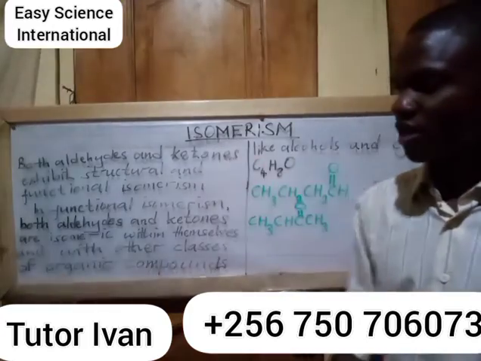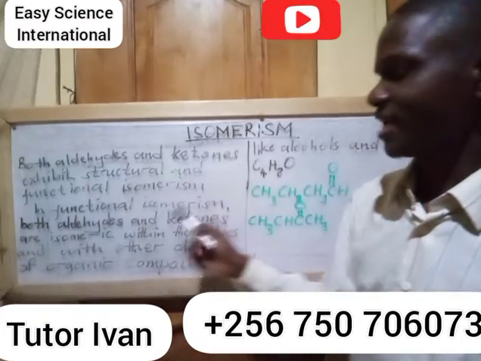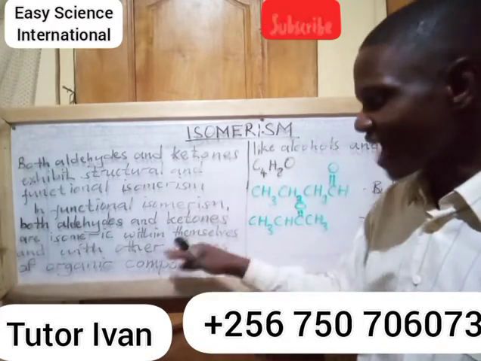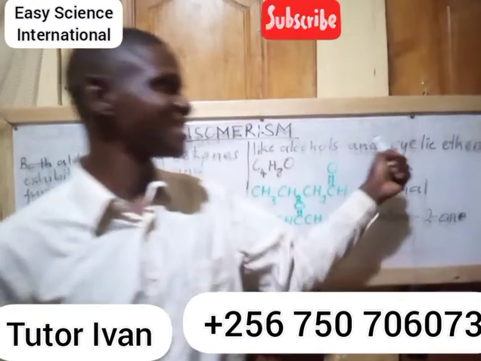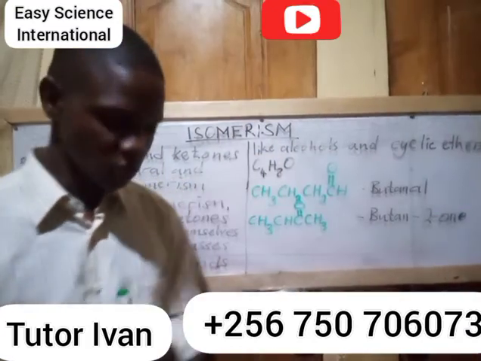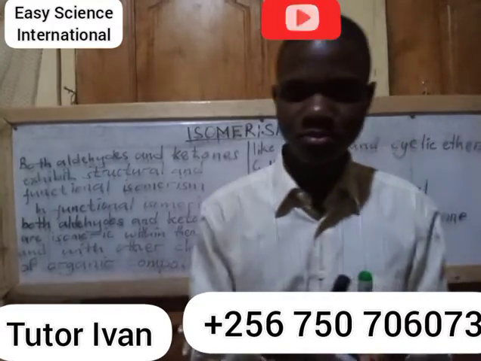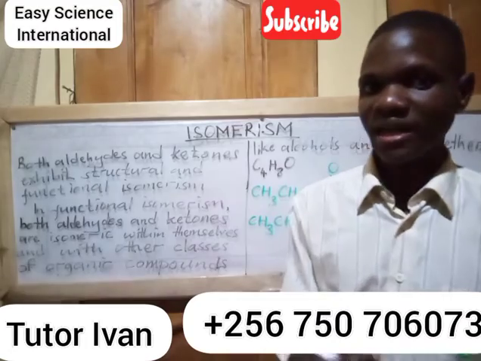For functional isomerism, it is seen that both aldehydes and ketones are isomeric within themselves and with other classes of organic compounds like alcohols and cyclic ethers. We very well know that in the carbonyl compounds we find oxygen.